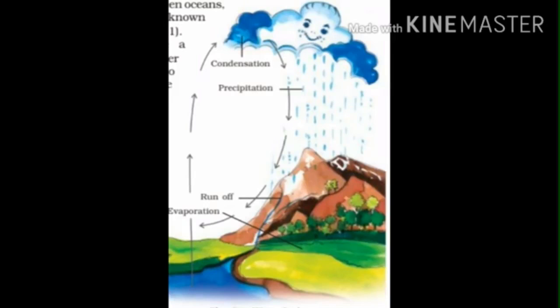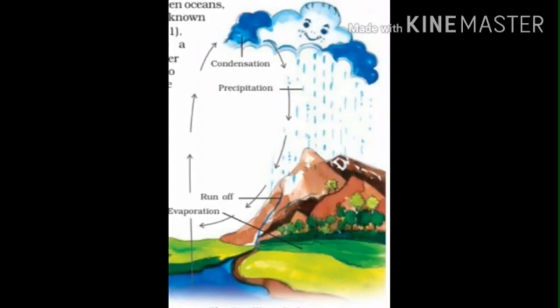Okay children, what is meant by evaporation? Yes, due to the intense heat, the water on the earth's surface is converted into vapor. This process is called evaporation. The water also evaporates from the surface of the leaves. This is called transpiration. Clear children?